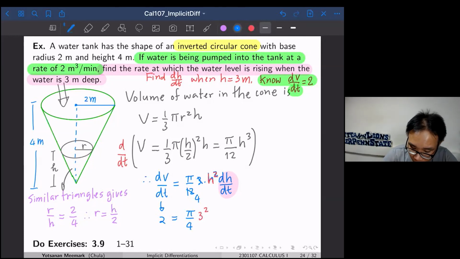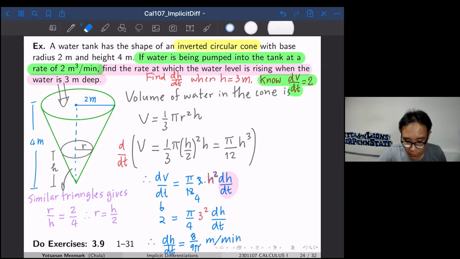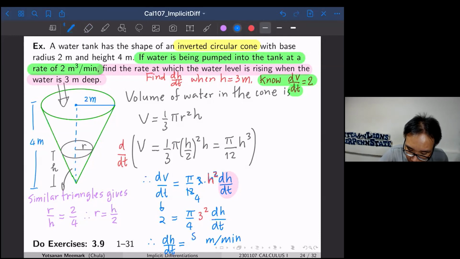The thing that we're looking for is dh/dt, so you would have dh/dt equal to 8 over 9 pi meters per minute. So this is what we have for the dh/dt that we're looking for.